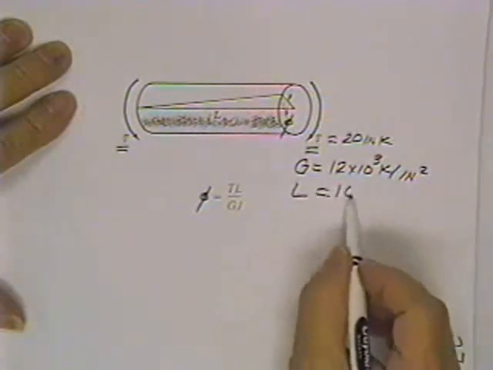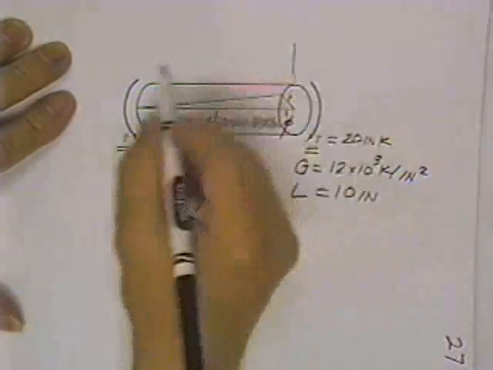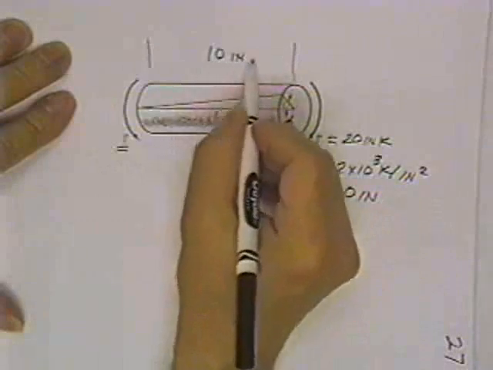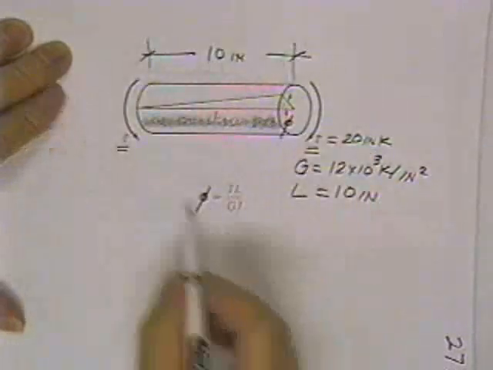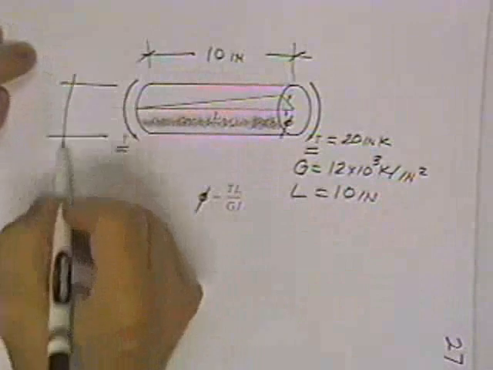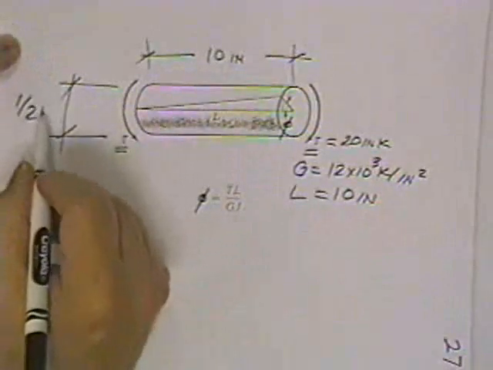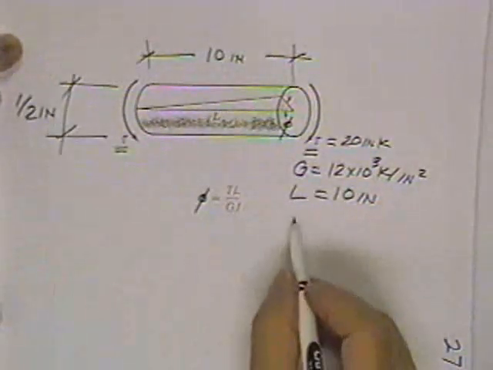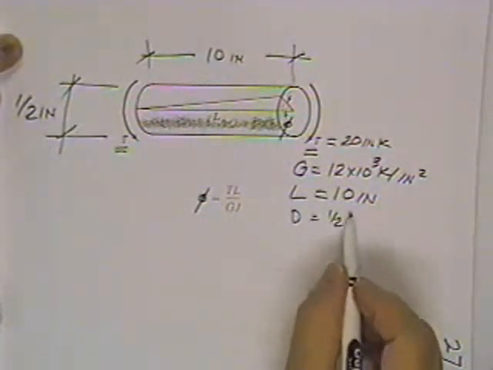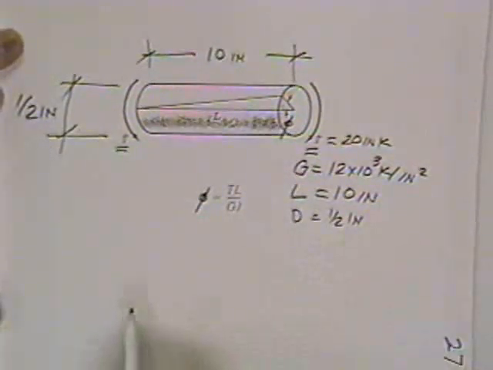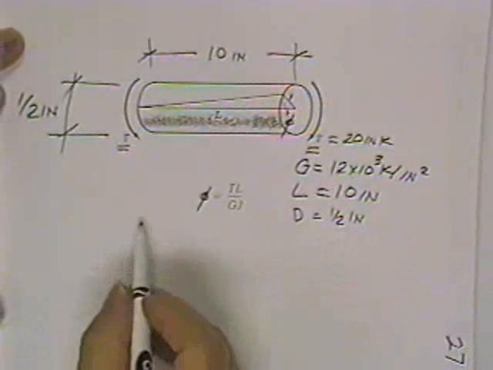If the length of the shaft was 10 inches, if the size of the shaft was 1/2 of an inch in diameter, then we could tell how much it twists.